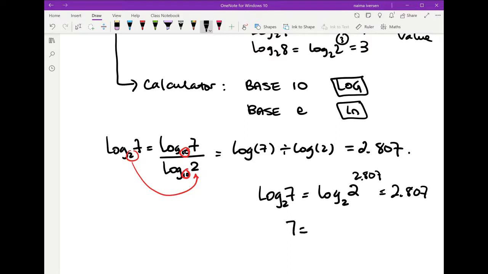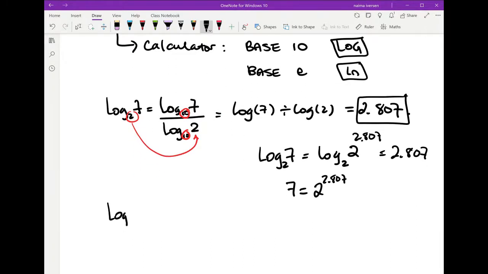So that means that 7 can be written as 2 to the power of 2.807. Not that you'd really want to do that, but that's essentially what we're doing here. But this is how we evaluate this number. Notice that if you had used the natural log button instead and gone the natural log of 7 divided by the natural log of 2, you still get 2.807.